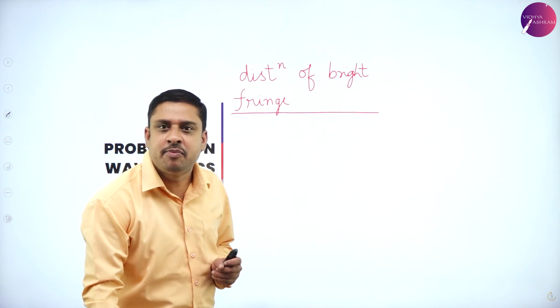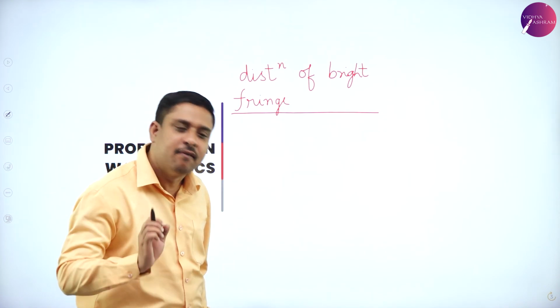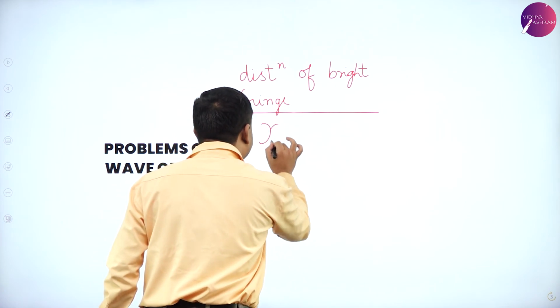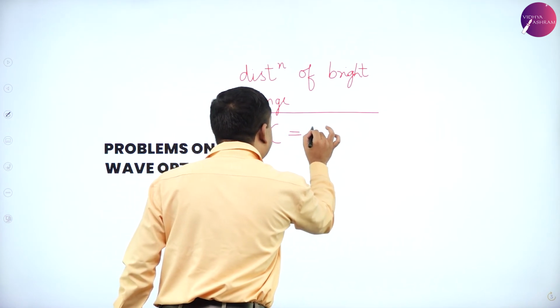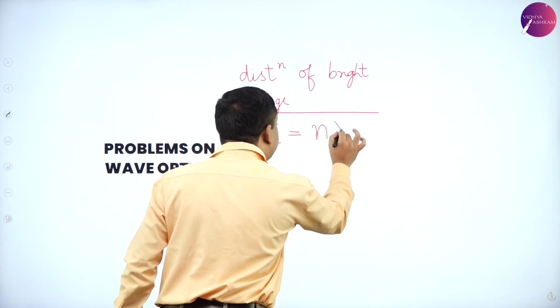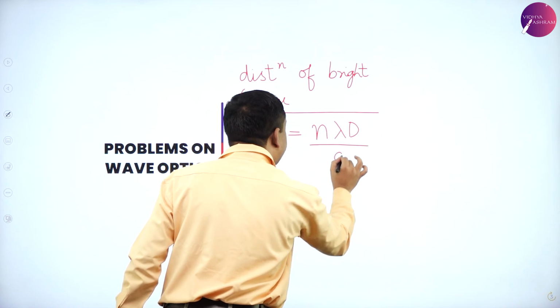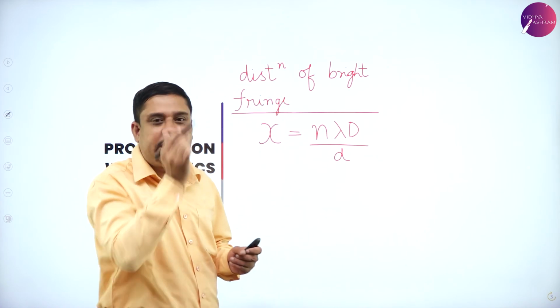Come on, students, give me the expression. Very good. So, it says x equals n lambda D divided by small d.